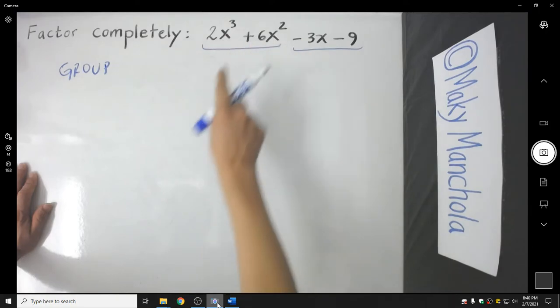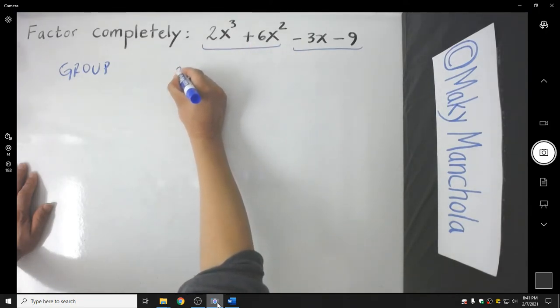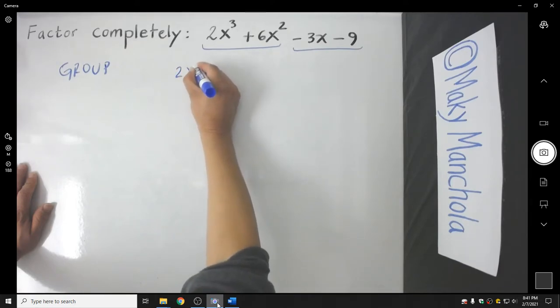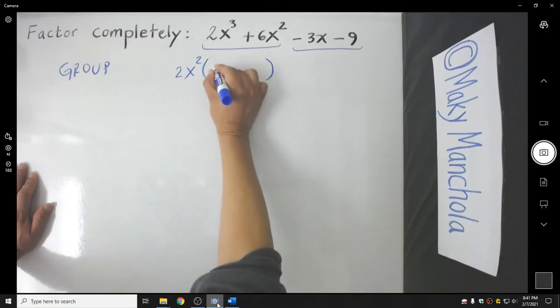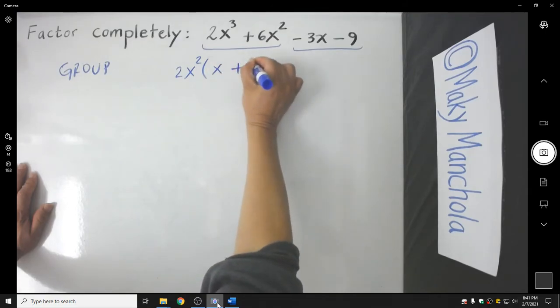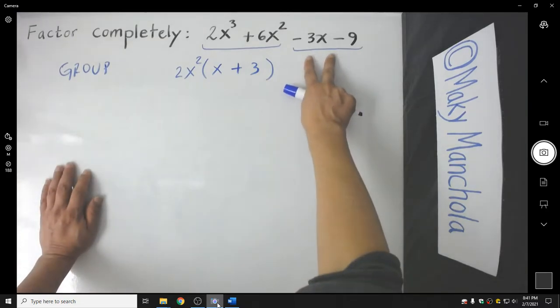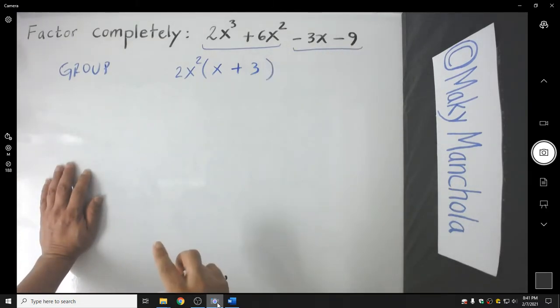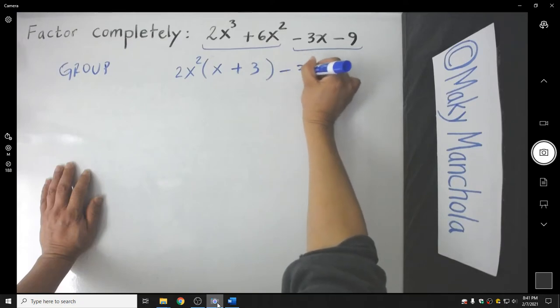2x cubed plus 6x squared. Greatest common factor is 2x squared. And we're left with x plus 3. In our second group, we see a common factor of negative 3. So let's take that out. Minus 3.